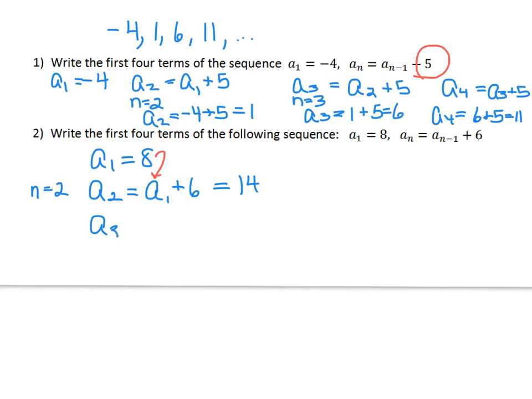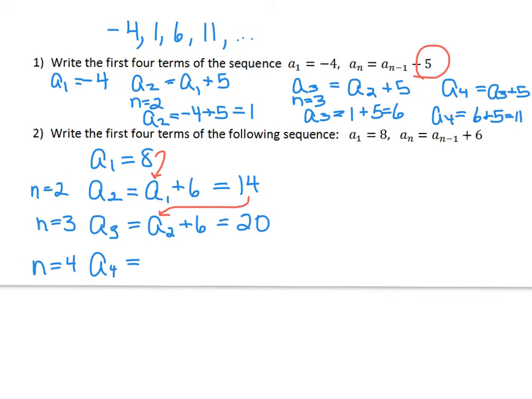To find A3, that means right now n must be equal to 3. So A3 is equal to, look at your subscript, 3 minus 1 is 2. So I'm going to take A2 and I'm going to add 6. Well, a minute ago we just found that A2 was 14, so 14 plus 6 is equal to 20. When I'm finding A4, that means that n is equal to 4.